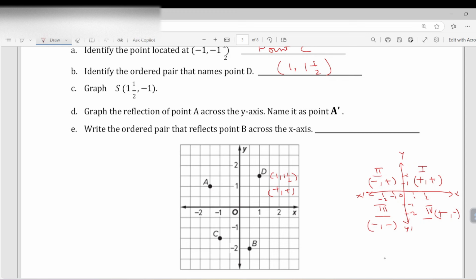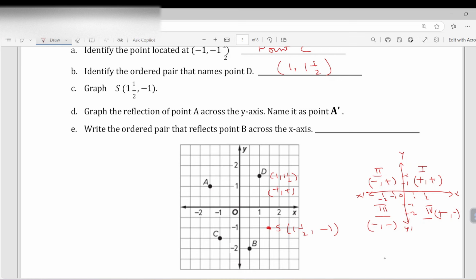So X is positive, yes. So 1.5 and Y is minus, somewhere here. This is our S. S has the coordinates: what is X? X is 1.5. What is Y? Minus 1. X is positive, Y is negative.